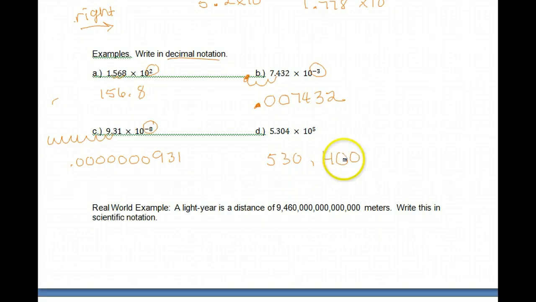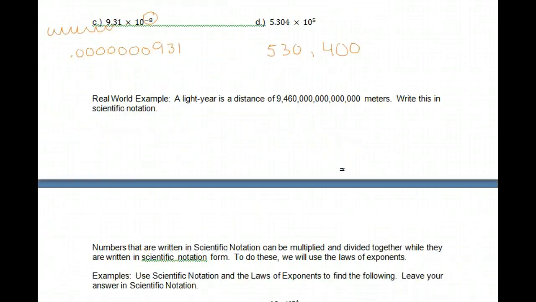And then just a real world example for us here. We have that a light year is a distance of this very large number here, meters. Write this in scientific notation. So what you would want to do with this is put your decimal in, and we're going to want to move it all the way right there.